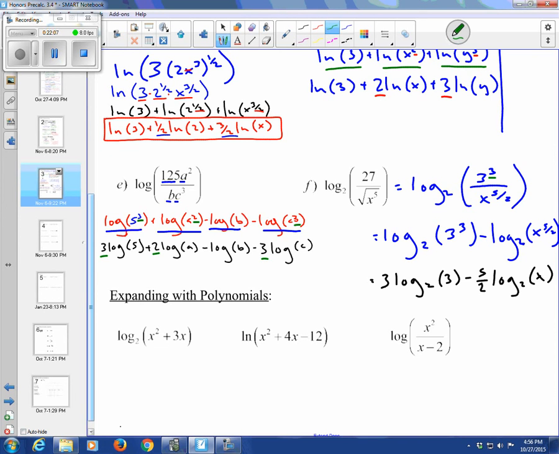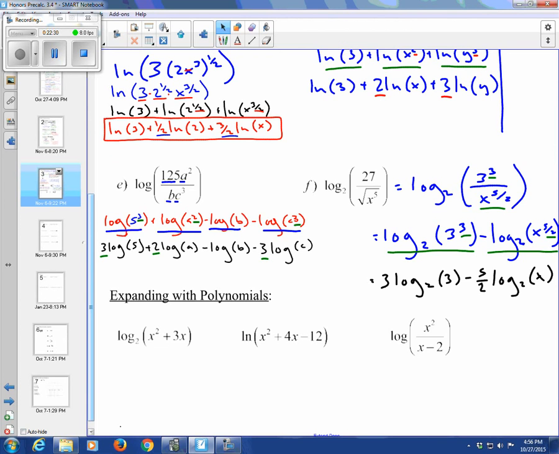And with the square root of x to the 5th, I made that x to the 5 halves in the denominator. Now that x to the 5 halves in the denominator is going to expand into a negative logarithm. And since that 3 to the 3rd is in the numerator, it's going to be a positive logarithm, and then we can take those exponents and represent them as multiplications out front.